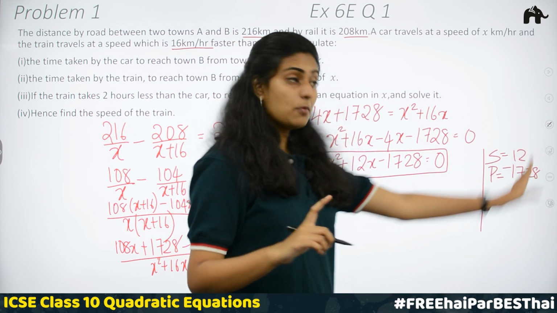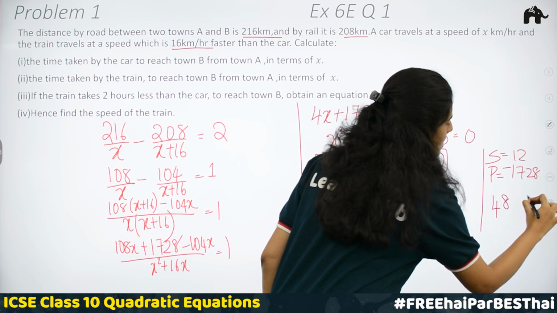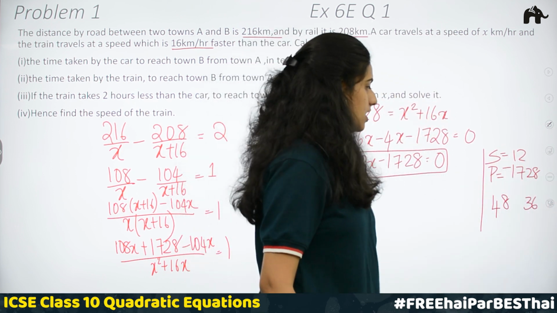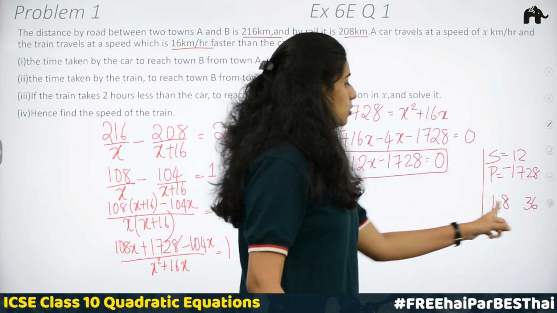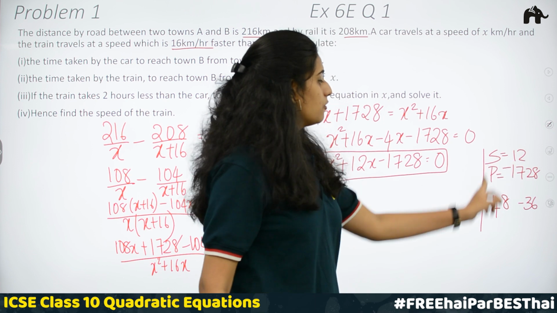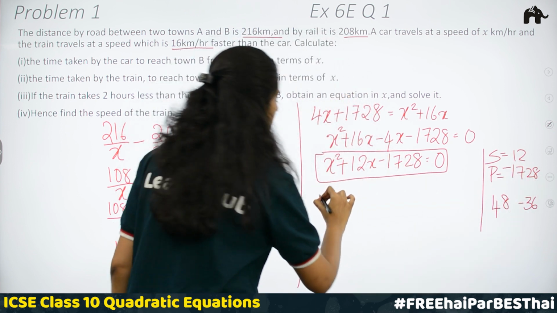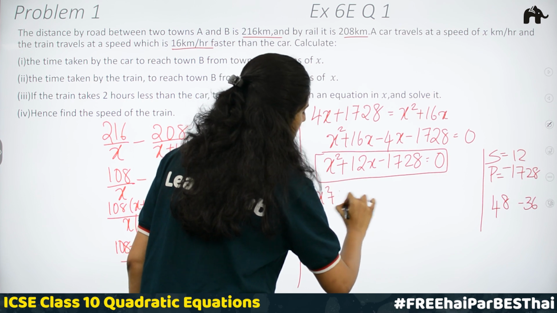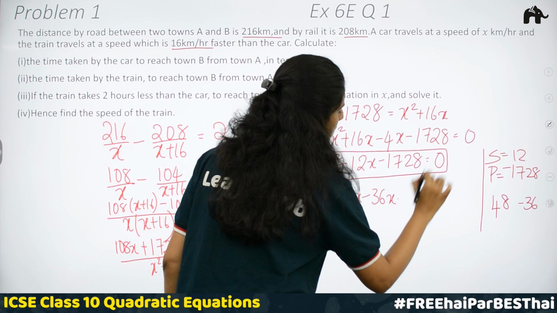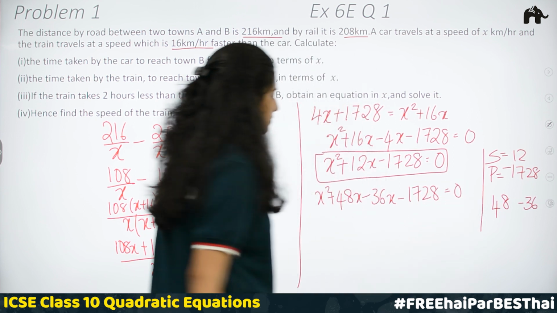If we multiply 48 and 36, we get 1728. Here there is a negative. Where to put negative? Minus 36, because 48 minus 36 is plus 12. Okay, we got the two numbers. x square plus 48x minus 36x minus 1728 is equal to 0.